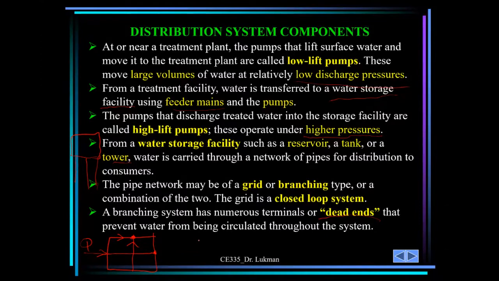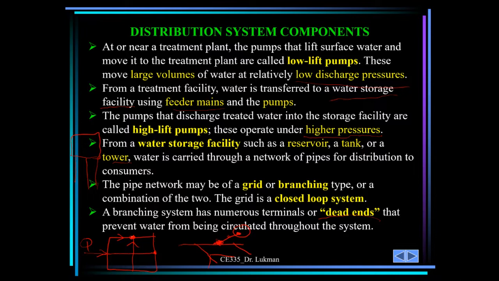But when you have a branch network, let's say you have this, this, and this, at a node at this point the people extracting water will only receive water from this pipe. If there is any maintenance taking place along this pipe in which the flow is shut by a valve, there will be no water in the pipe, and the people relying on this node will not have water.